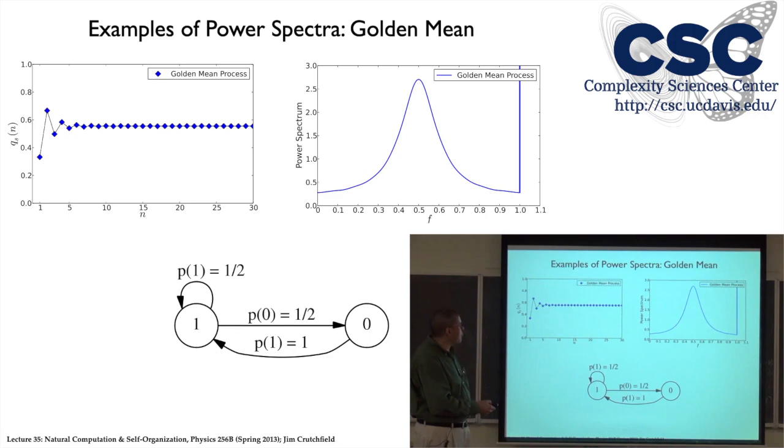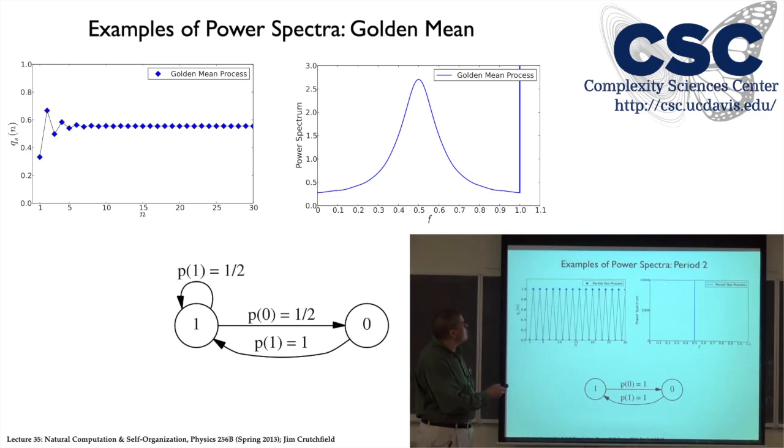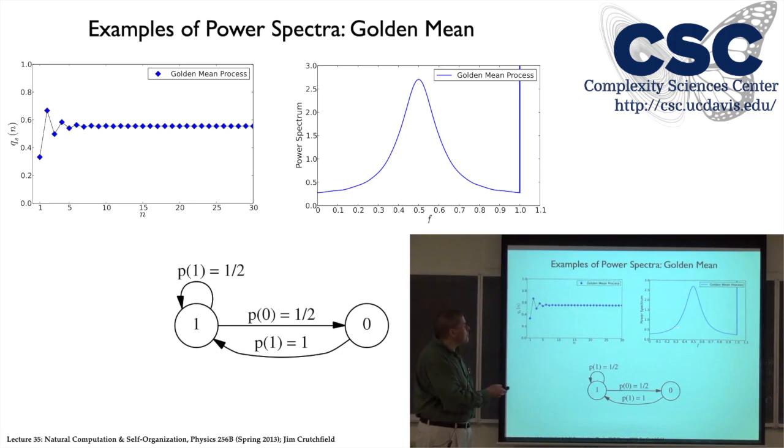If you'll notice on the previous slides, the power spectrum went to 10,000, and that's just because I chose a symbol sequence that was 10,000 in length. So if I'd chosen a longer symbol sequence, then it would have simply been the number of symbols. So this is what this looks like.